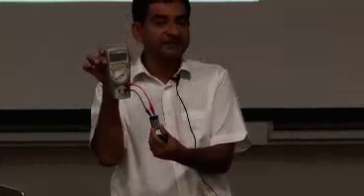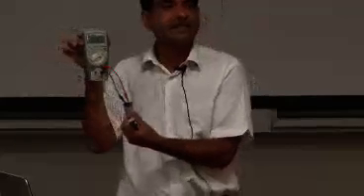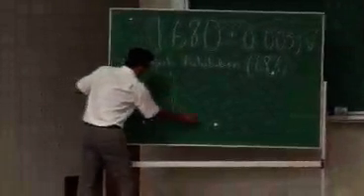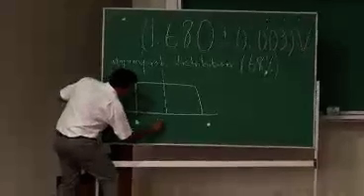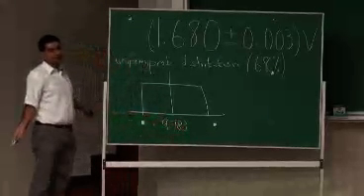It will be specified by a uniform probability distribution function whose best estimate is 9.783 volts, and I will find out what the uncertainty is. This is the reading that I observed.